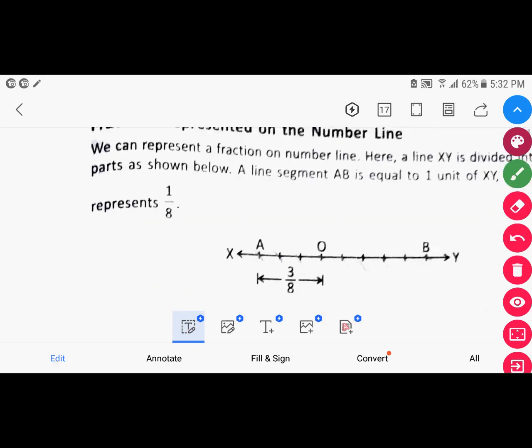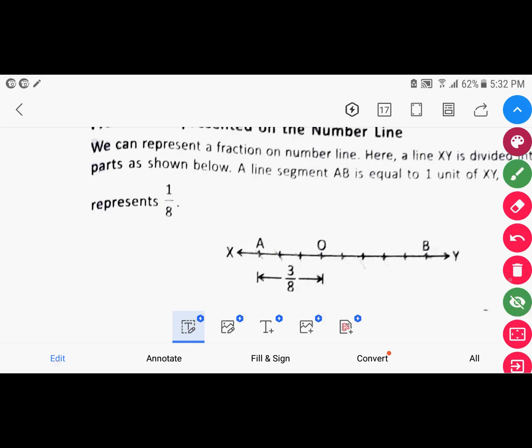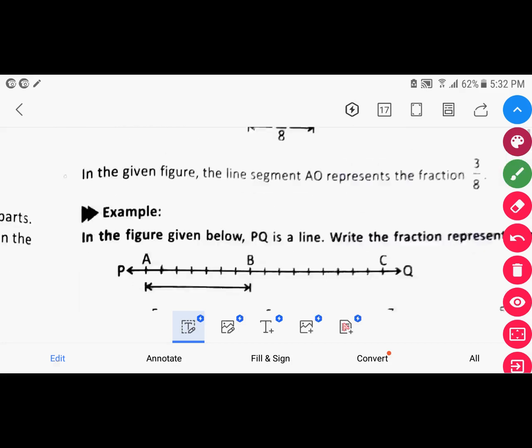Now the fraction can also be represented on a line. Suppose there is a line segment AB, and that line segment is divided into 8 equal parts. 1, 2, 3, 4, 5, 6, 7 lines will divide it into 8 equal parts. Now if I take one part of it, it is represented as 1/8 of the line. And if I take three parts of it, then it is represented as 3/8 of the line segment.